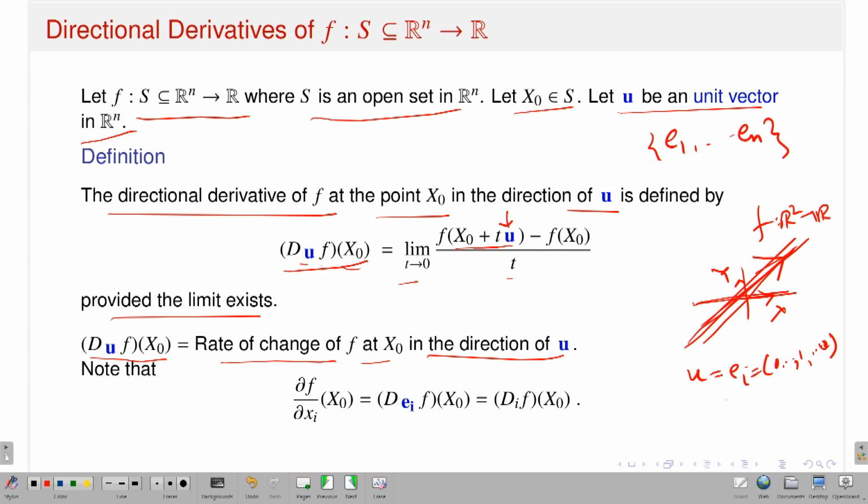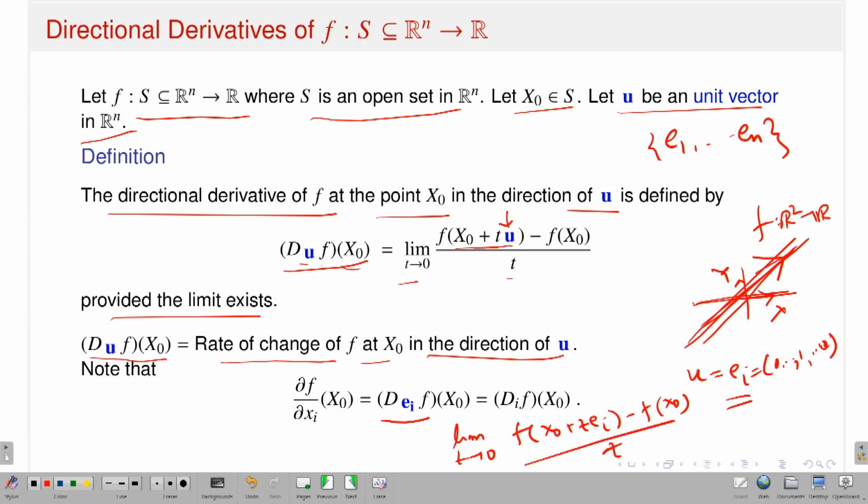Now if I replace u by this vector Ei, that means d suffix Ei of f at x naught, then what will happen? By definition this is the limit as t approaches 0 of f of x naught plus t Ei minus f of x naught, divided by t.